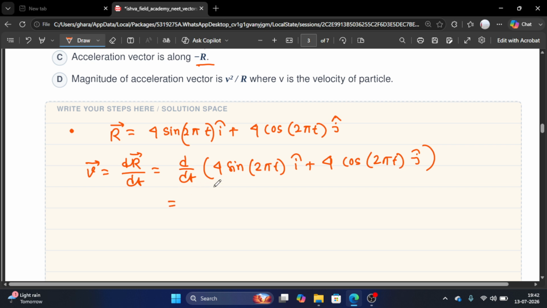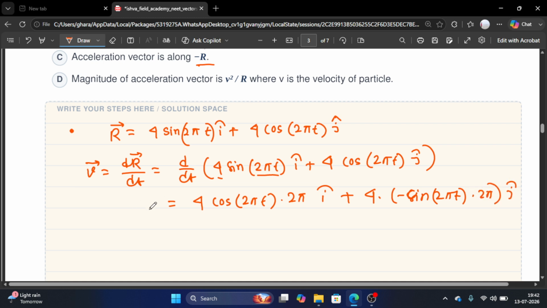In this situation, 4 is a constant, so it comes out of the differentiation, and sine becomes cos 2 pi t, and again differentiating this one, you get 2 pi, right, i cap. In this situation, 4 and cos gives you minus sine 2 pi t. Again 2 pi comes, j cap.